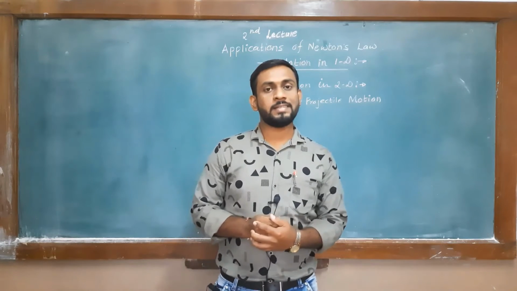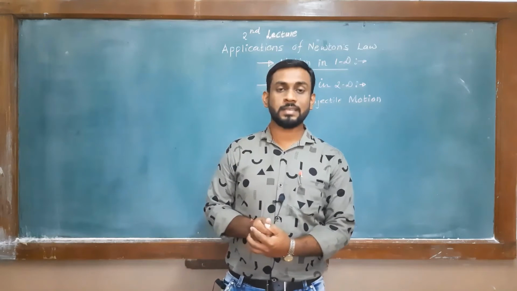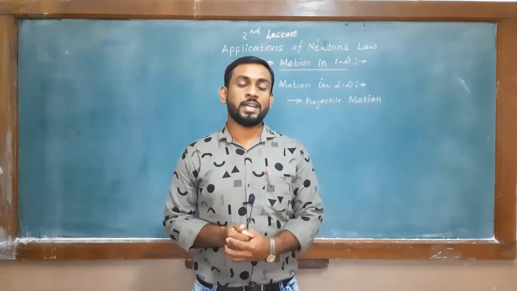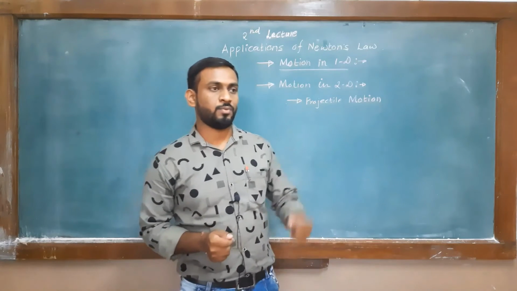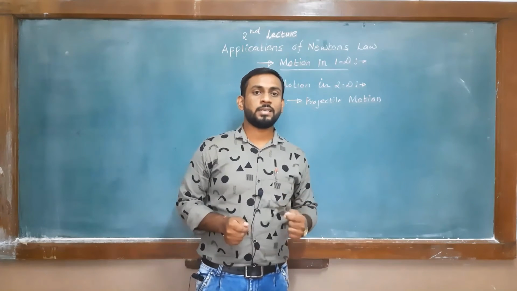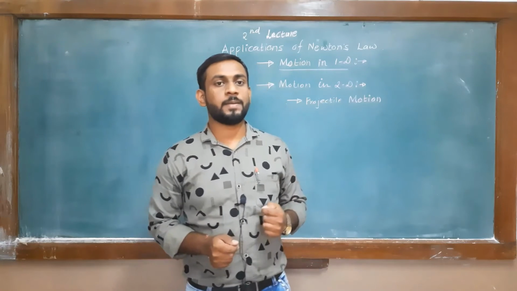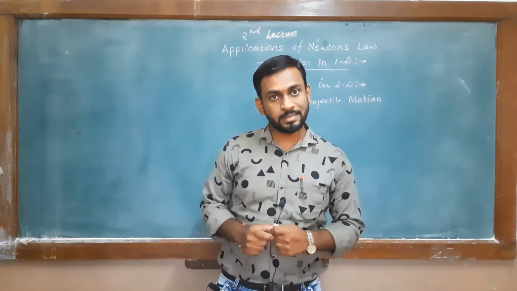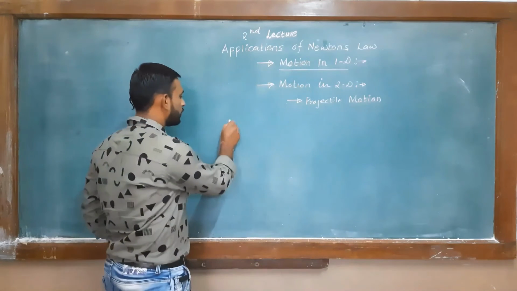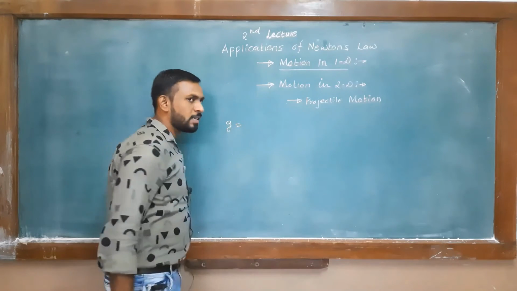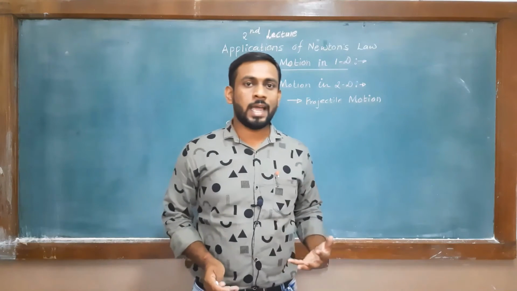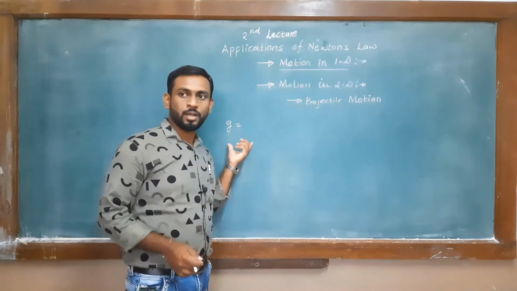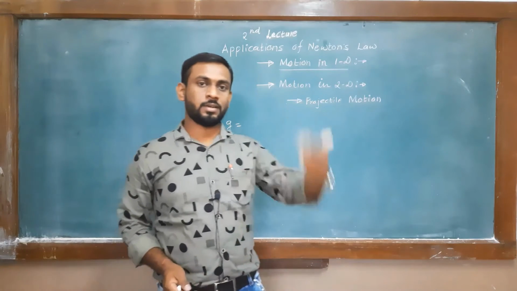Second, if we consider free fall, a body is dropped from a certain height and follows a vertical path to the ground. In that case the body moves with constant acceleration, and the constant acceleration is g. g means acceleration due to gravity, and with this acceleration the body moves in the vertical direction.